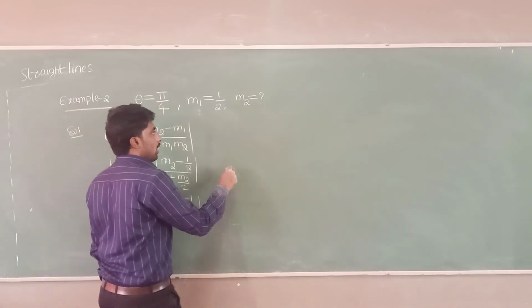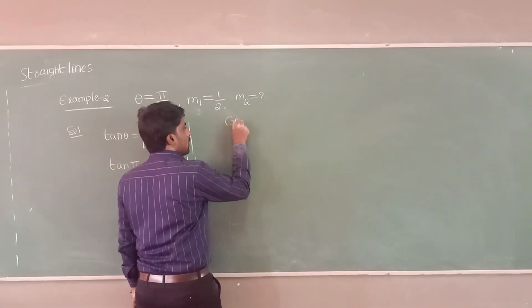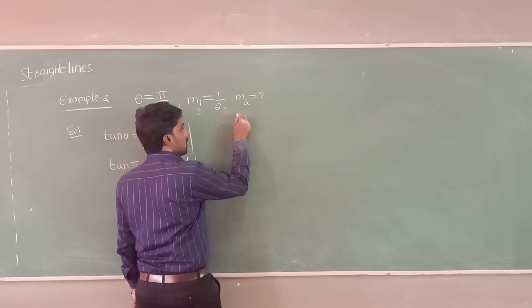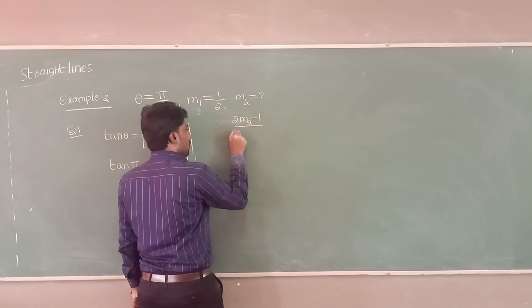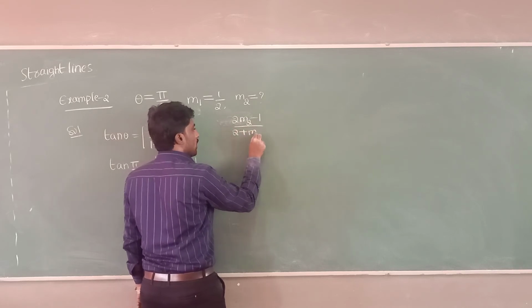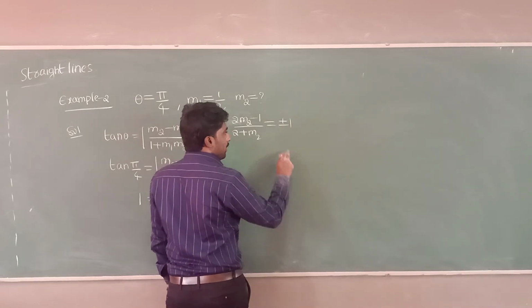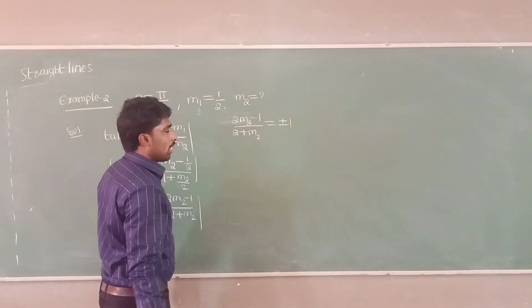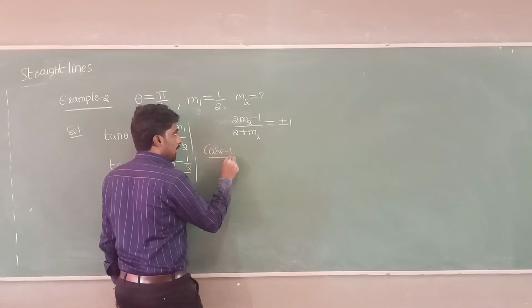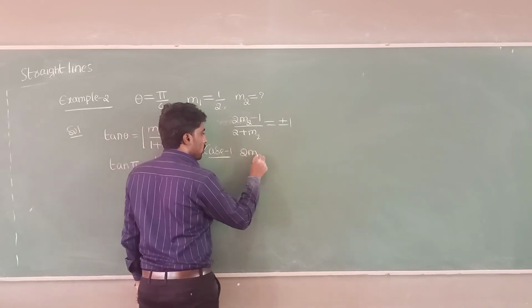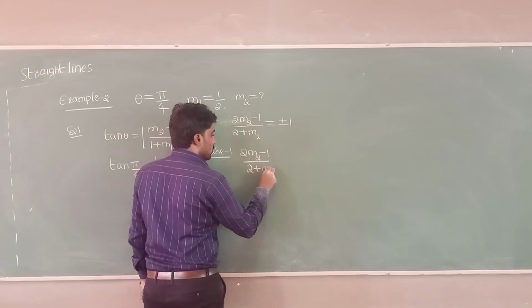If I remove the modulus, you will get plus or minus 1. So (2m2 minus 1) by (2 plus m2) equals plus or minus 1. One time you have to take plus, one time you have to take minus. Case 1: if I take plus 1 and cross multiply, 2m2 minus 1 equals 2 plus m2.